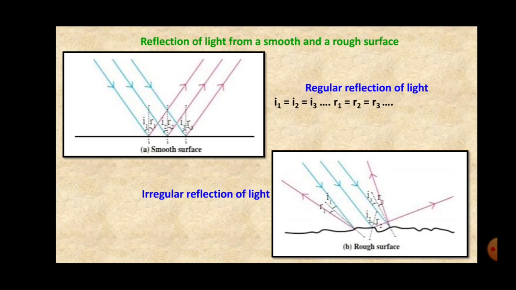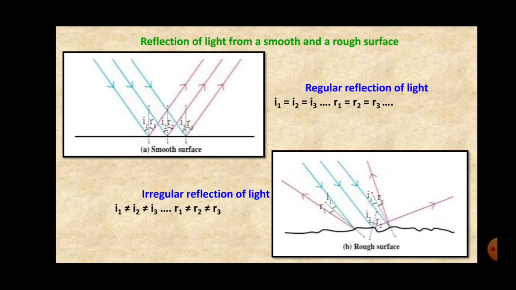Now let's see what happens when the light rays fall on a rough surface. Now the reflection of light from a rough surface is called irregular reflection of light. Now why is it called irregular reflection of light, students? Because in irregular reflection, the angle of incidence for parallel rays of incidence are not equal, and therefore their angles of reflection are also not same. So in the regular we had seen I1 is equal to I2 is equal to I3.